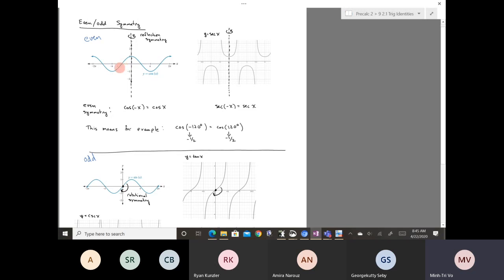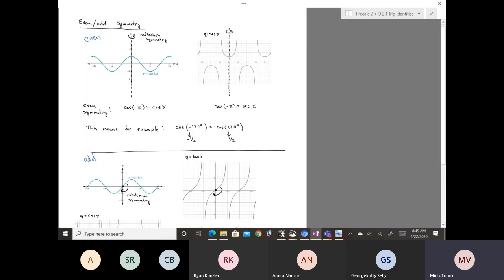If I take this half of the function and flip it around, it's exactly the same as the right half. This is what we call reflection symmetry along the y-axis, and if a function has this kind of symmetry, it's called even. Secant also has the same thing: if you cut the graph in half at the y-axis, the left half and the right half are mirror images of each other.